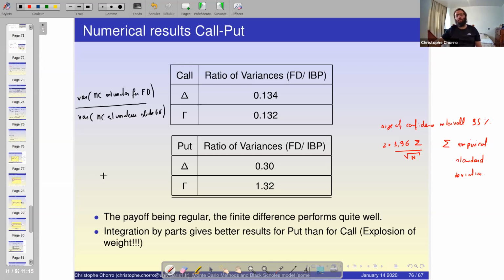The variance, and so the standard deviation, allows me to quantify the size of my confidence interval.